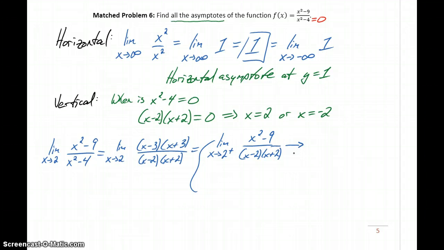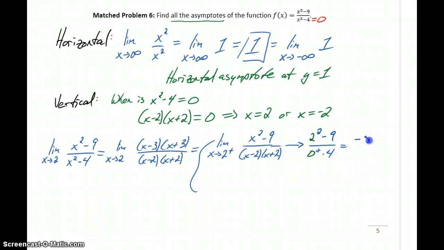I'm saying that this is just approaching 2 squared minus 9 over 2 minus 2, which is going to be 0, but a 0 that's very close to 0 from the right-hand side, from the positive side, times 2 plus 2, or 4.